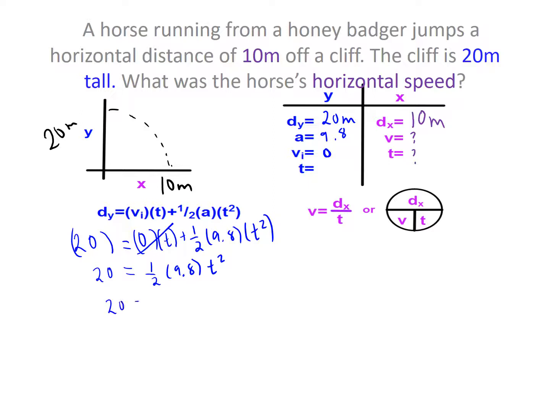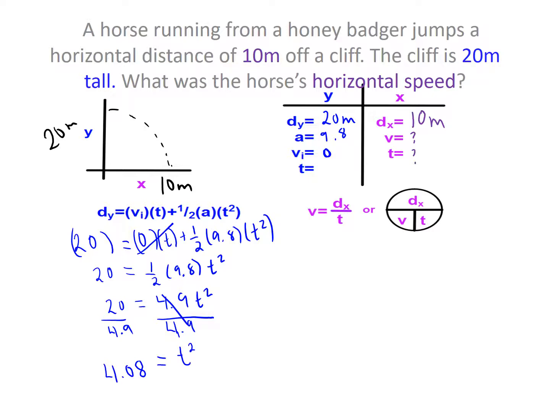So 20 equals 1/2 times 9.8 is 4.9 t squared. Now to get t squared by itself, we have to divide both sides by 4.9. So we're left with t squared equals 20 divided by 4.9, which is around 4.08.